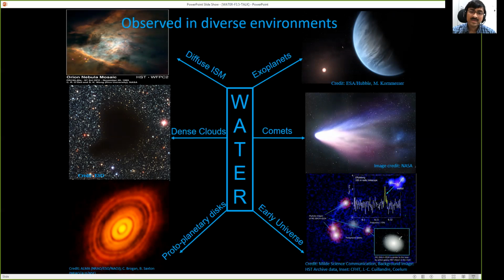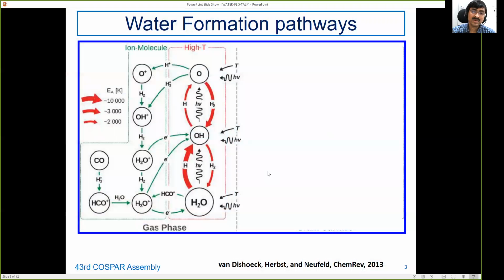Now let us see the ways in which water can be formed. Water is very efficiently formed in the gas phase. At low temperature, it is produced primarily via ion molecule reactions.